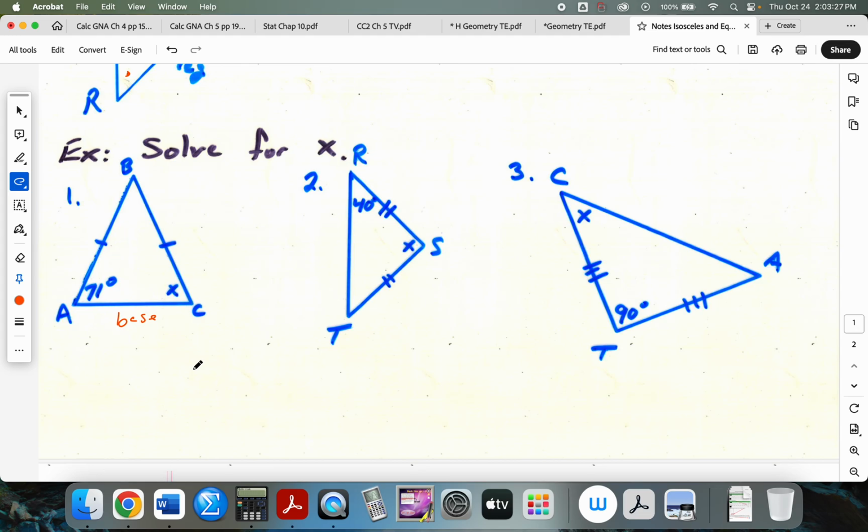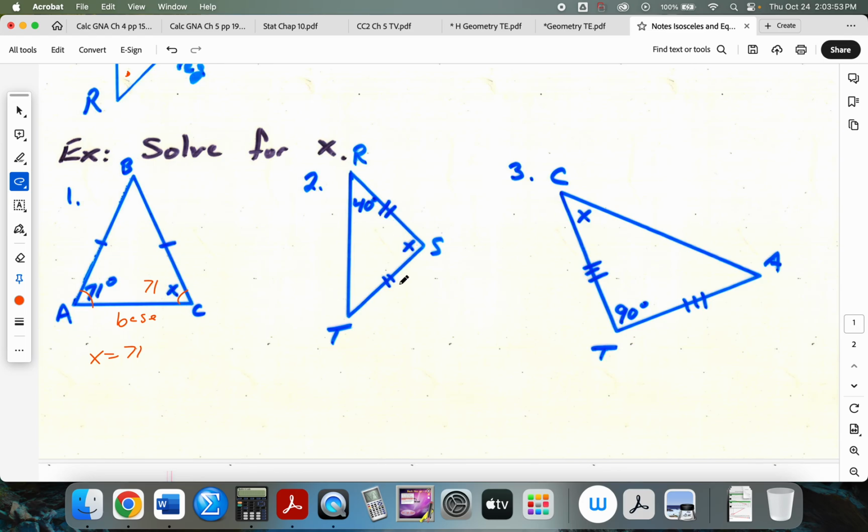So the two angles that are congruent then are the two angles at the ends of the base. X is 71. Done. You don't have to do anything else for this problem. Now, if you wanted to find angle B, you could do it, but you don't have to on this one.